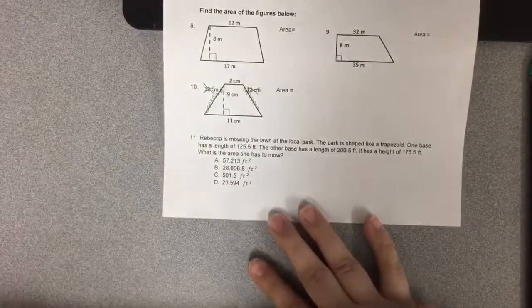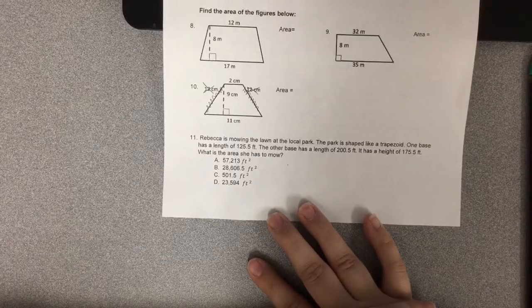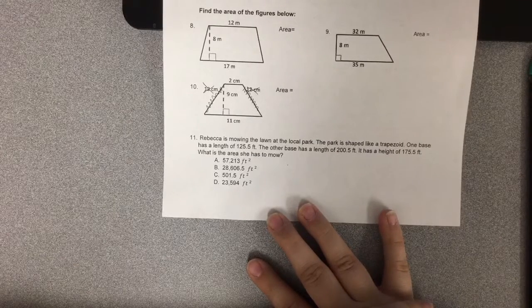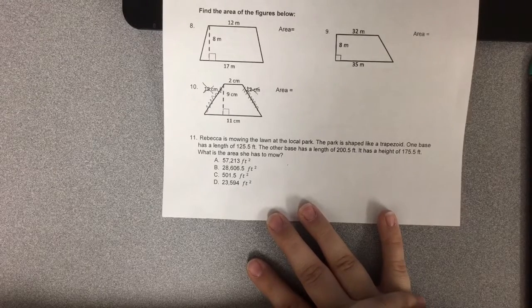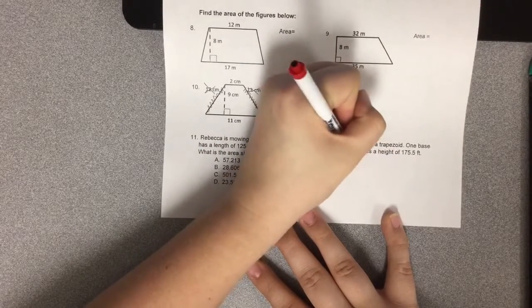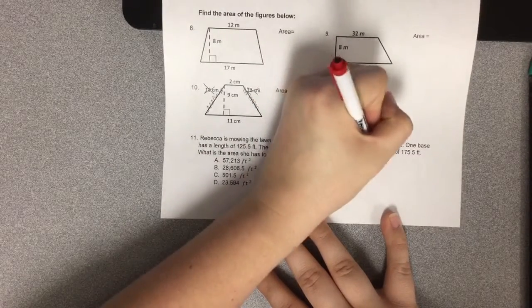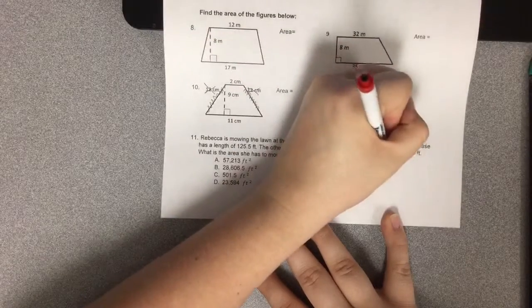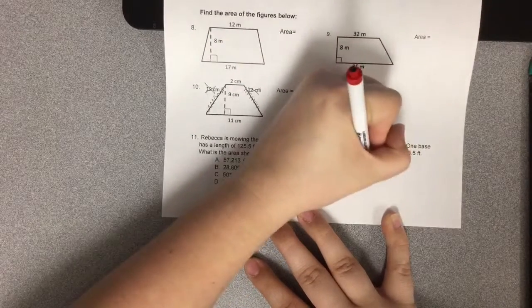All right. Rebecca is mowing the lawn at the local park. The park is shaped like a trapezoid. One base has a length of 125.5 feet. The other base has a length of 200.5 feet. If it has a height of 175.5 feet, what is the area she has to mow? All right, so again, we're going to follow area is equal to base 1 plus base 2 multiplied by the height, all divided by 2.